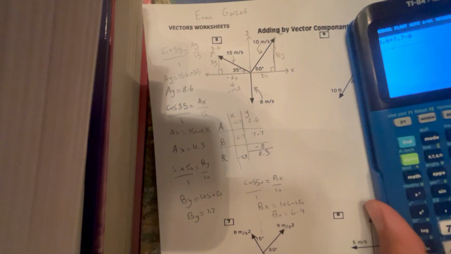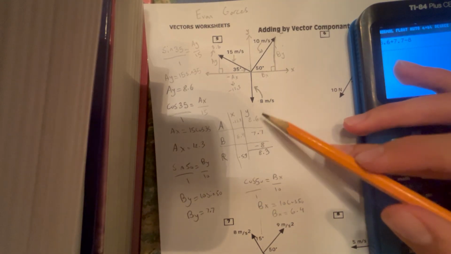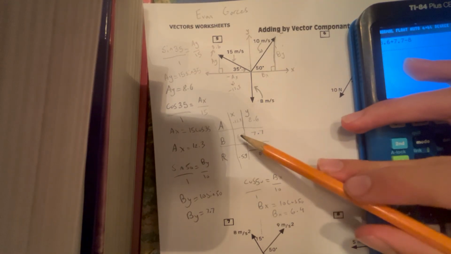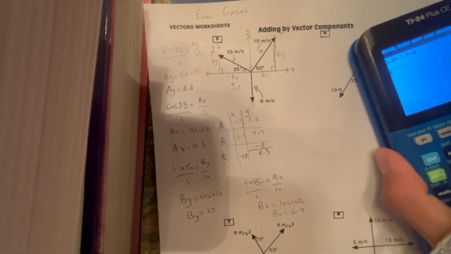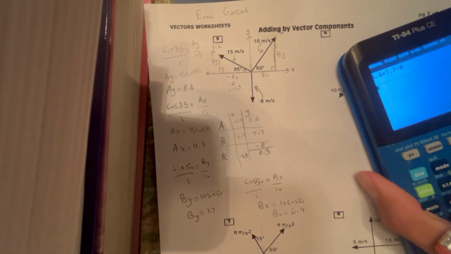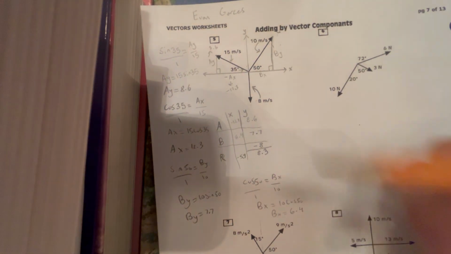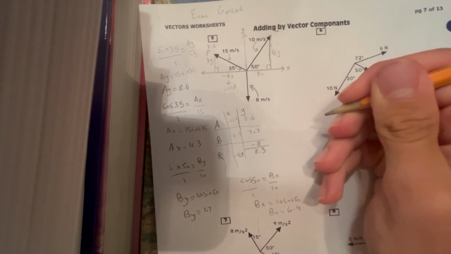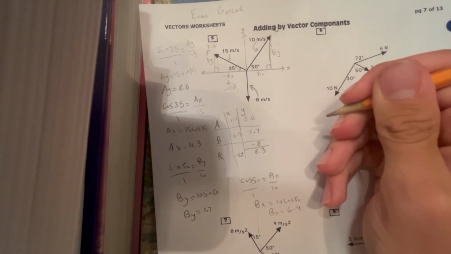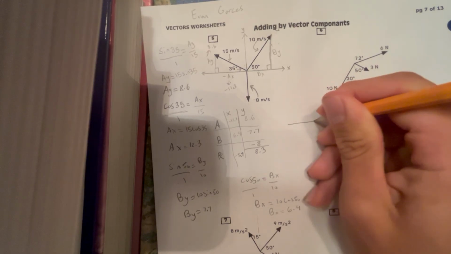So now you know I'm going positive on the y-axis and negative on the x-axis. That's really important because you're going to draw your triangle for the resultant, which is going to look kind of like this here. So we're going negative. Let me just draw this out first.